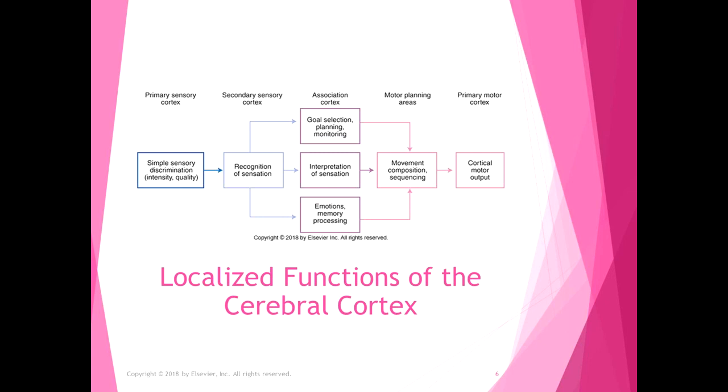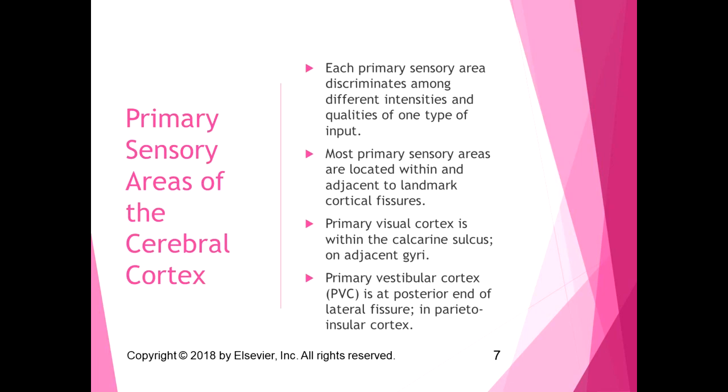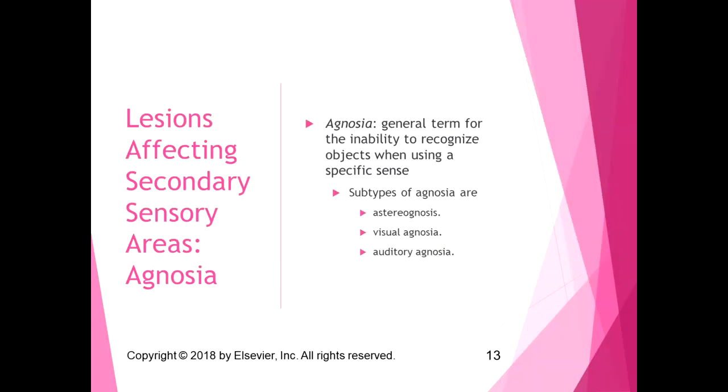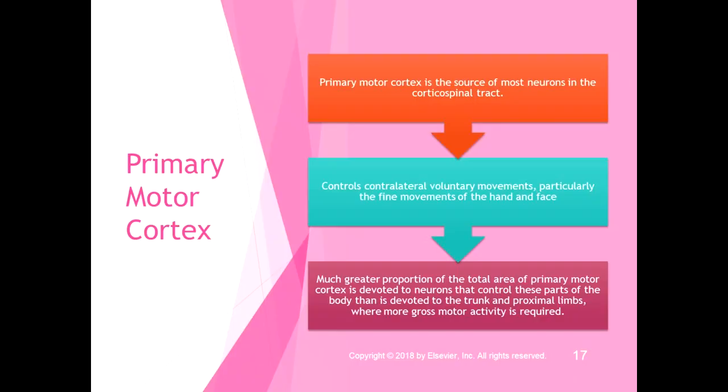And now we're going to talk about the motor planning areas. In the last module, we're going to talk more about lesions of the association cortex. So hopefully that makes sense to you. So we're going to skip the parts we've already gone over.